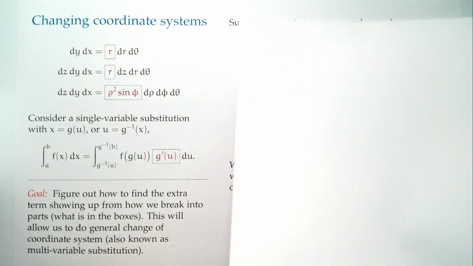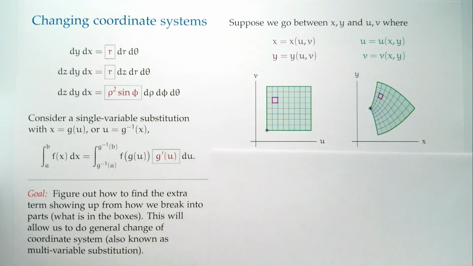So what we're doing here is going between 2 different coordinate systems. Here I have a hopefully relatively simple example. I'm not explicitly telling you what the change is, but I'm going from a coordinate system with u and v to one with x and y.